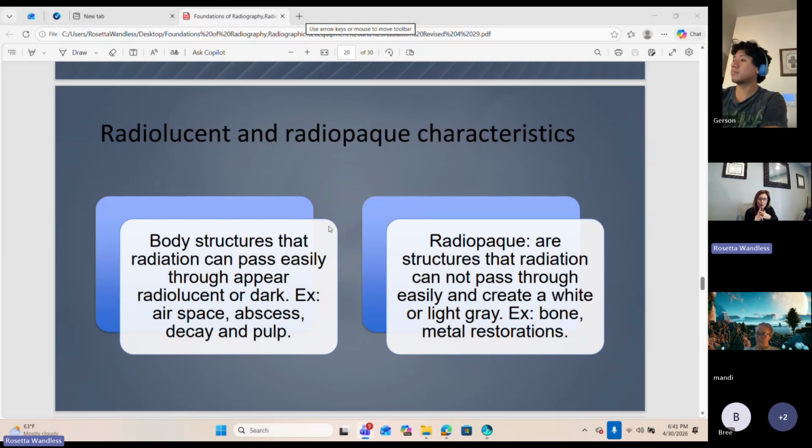So bone, all bone will show up like a light gray. Metal restorations are going to show up white. Implants are going to show up white.